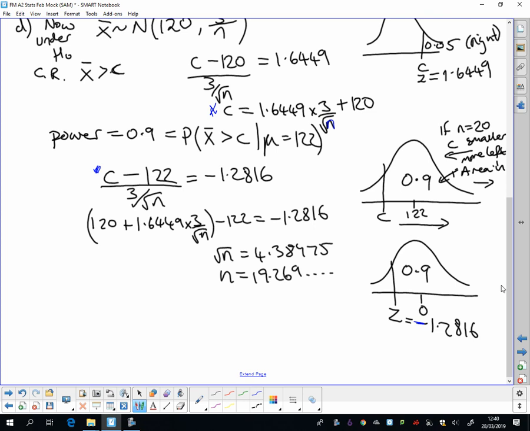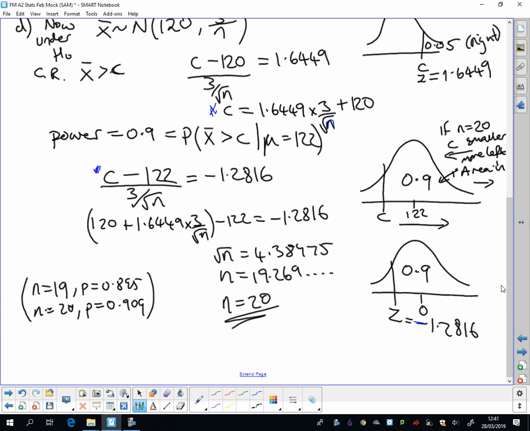If you find that a bit confusing to think about, you could just type it into your calculator, so find out what the power is, and if n is 19, you get a power of 0.895, and if n equals 20, you get a power of 0.909, so it's obvious that n equals 20.